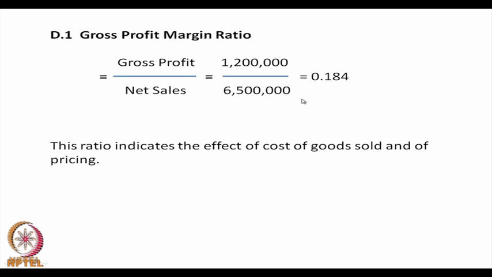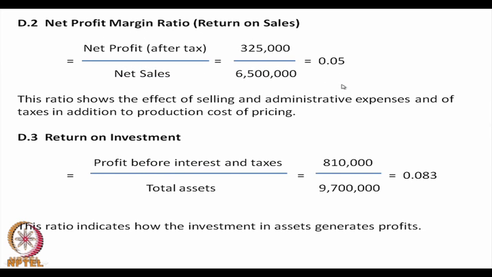It indicates the effects of cost of goods sold and of pricing. The company is able to get a gross profit of 18.4%. Net profit is, however, much less. It is net profit after tax, always net meaning after tax, and net sales is this.